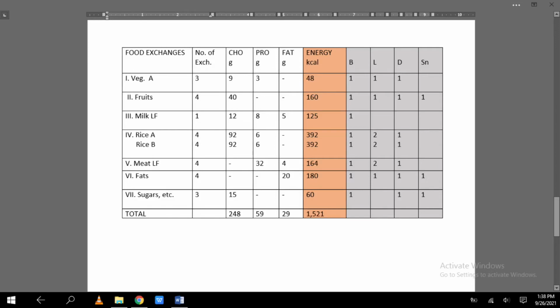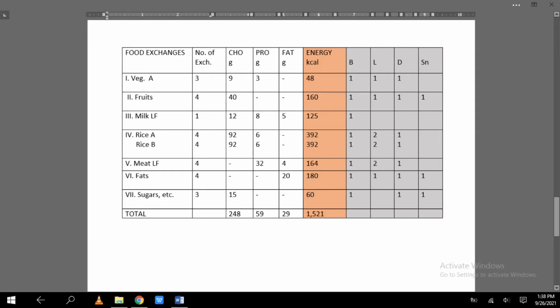And for the fruits, 40 times 4 is equal to 160. For milk, low fat, 12 times 4 plus 8 times 4 plus 5 times 9 is equal to 125. And for the rice A and B, 92 times 4 plus 6 times 4 is equal to 392.